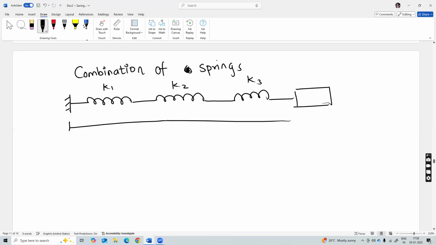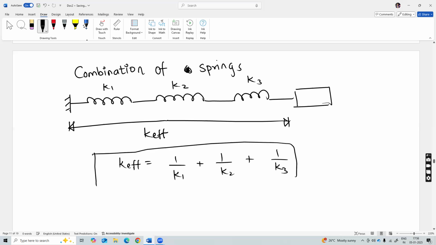If you have to find K effective or K net, the effective spring constant in this case will be given as 1 upon K1 plus 1 upon K2 plus 1 upon K3. You should remember this formula. So this will be the effective spring constant.